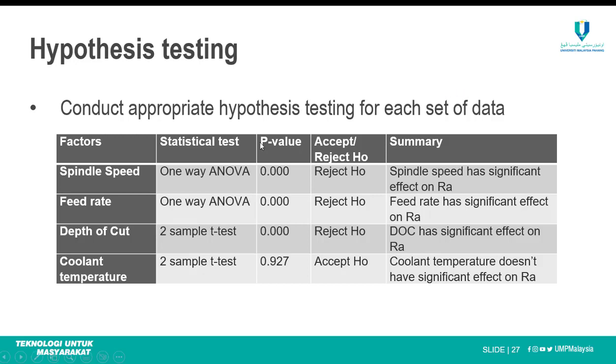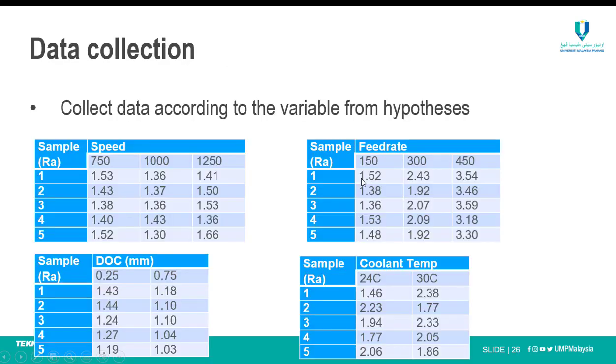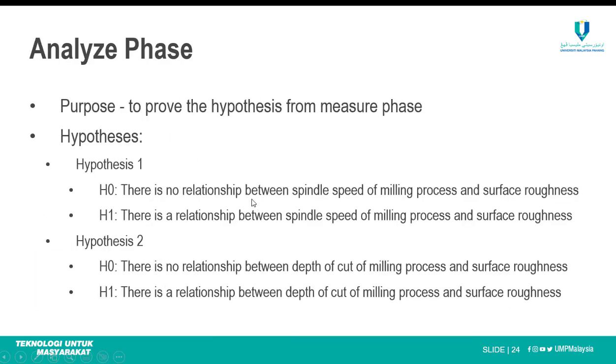Whenever the p-value is smaller than alpha, which is 0.05, we reject the null hypothesis. For the first factor, our null hypothesis earlier was that there is no relationship between spindle speed of milling and the surface roughness.